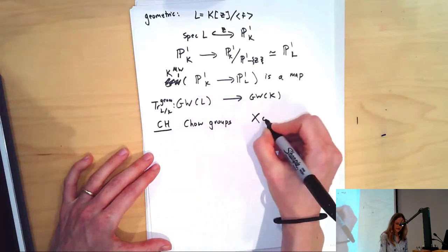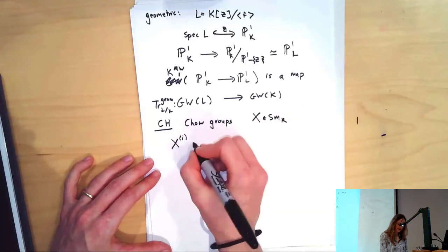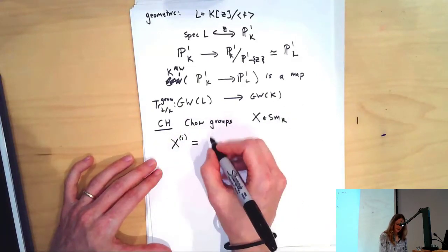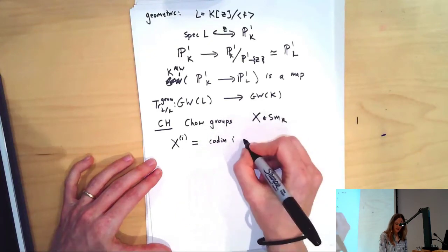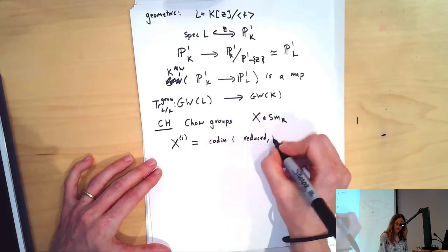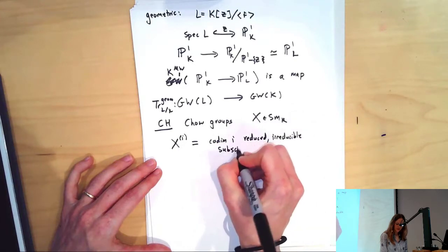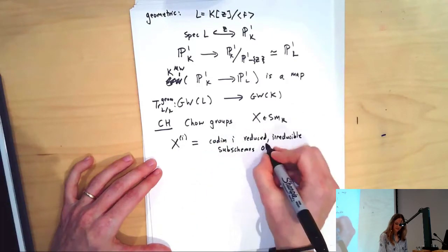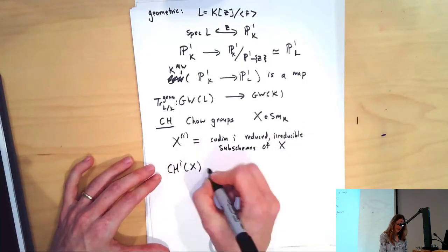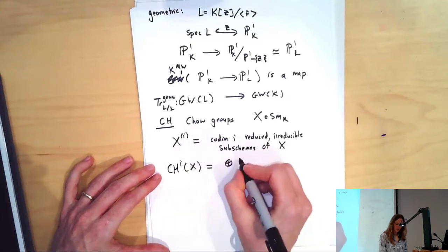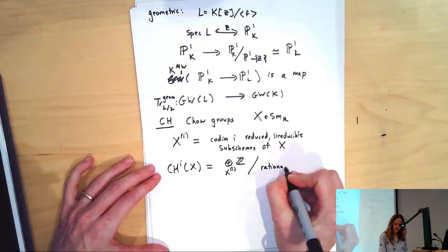So we'll take X, a smooth K scheme, and we'll let X^i be the set of codimension i irreducible subschemes of X. And then Chow i of X is the quotient of the free abelian group on X^i over an equivalence called rational equivalence.